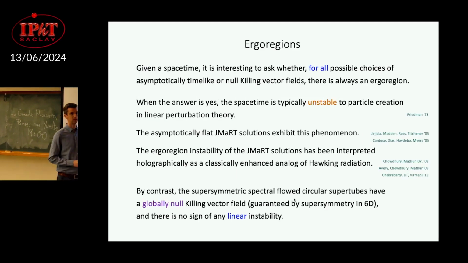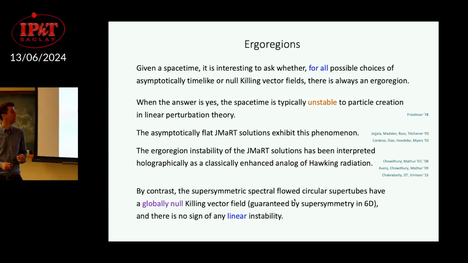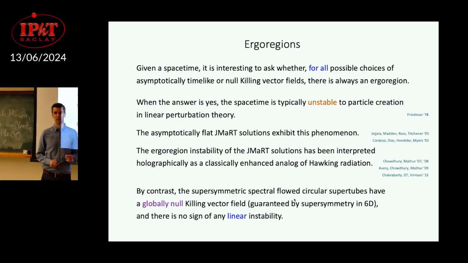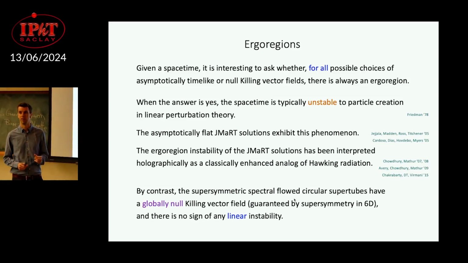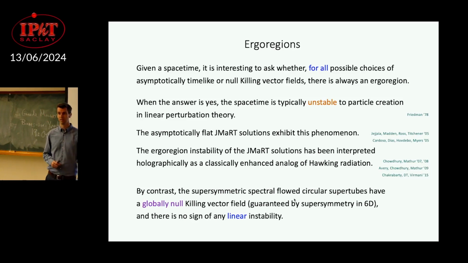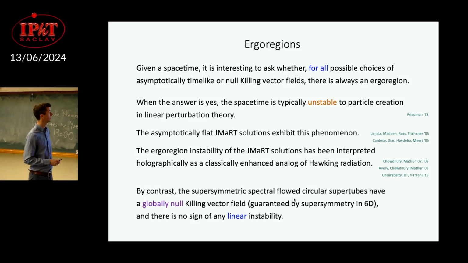So an interesting question to ask, when we have Kaluza-Klein directions at infinity, is whether for all possible choices of an asymptotically time-like Killing vector field, there is always an ergo region in the space-time. That's a much stronger question than asking, for any given vector field, whether there's an ergo region or not.